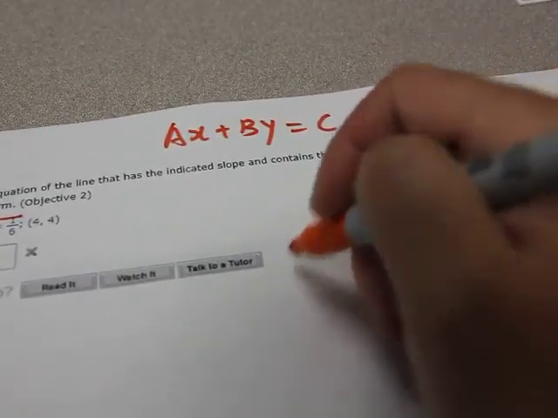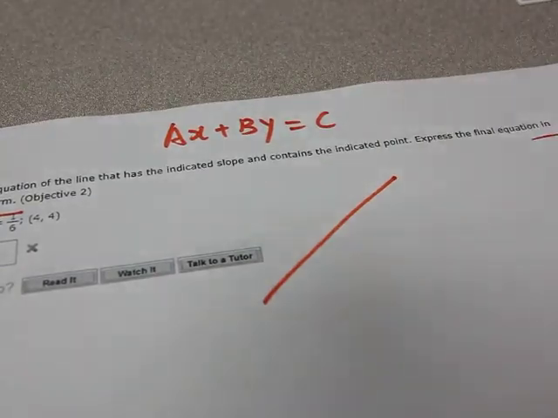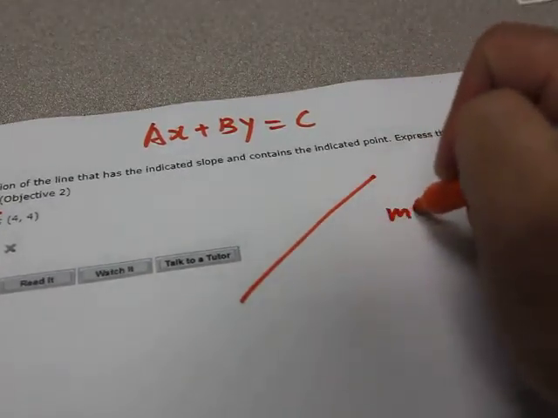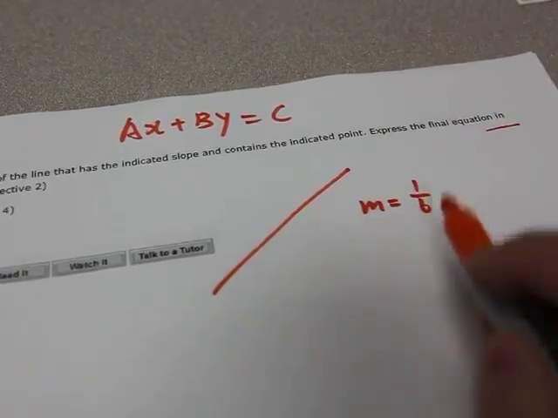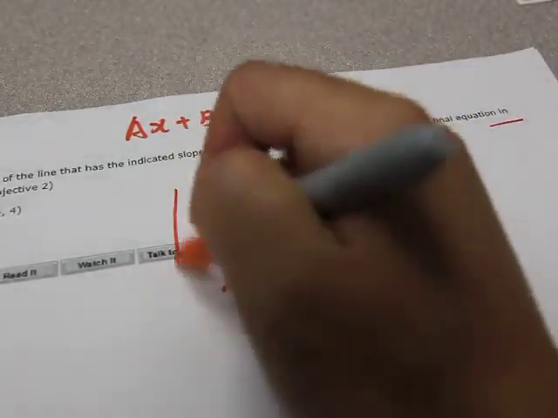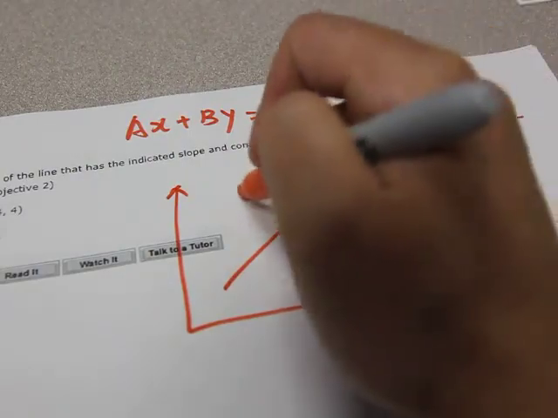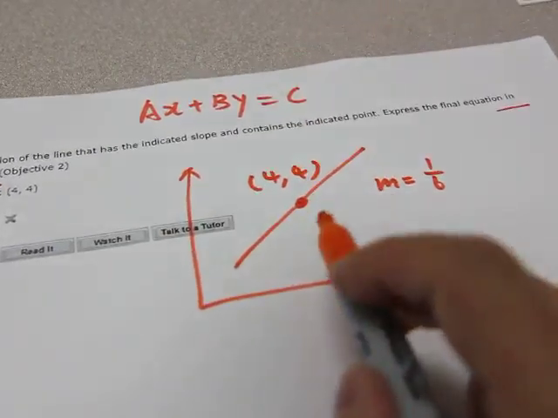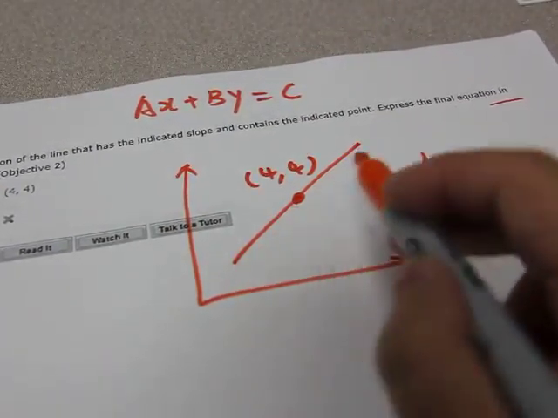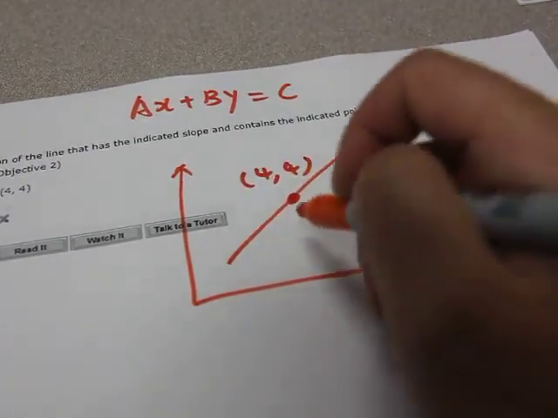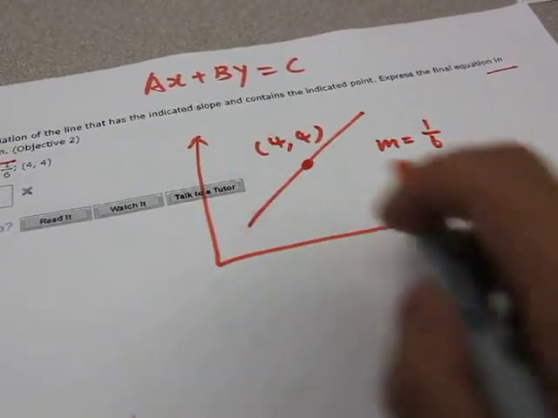So this is like we're given some straight line, and we're told the slope is 1 over 6, and what else we're given there is a point 4 and 4. And this point is contained on this straight line, and we want to determine what the equation is.